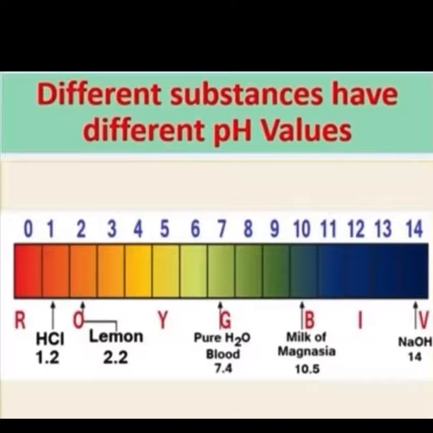Children, if you dip the pH paper in pure water, then what will be the color of the paper? Green, right? Yes. If you dip the pH paper into sodium hydroxide solution, then what will be the color of the paper?